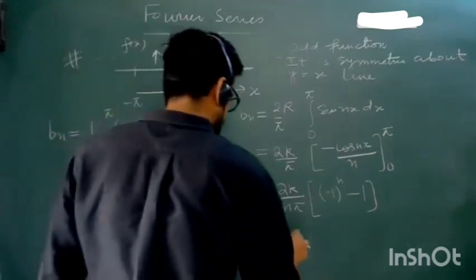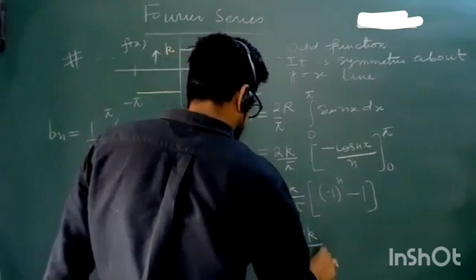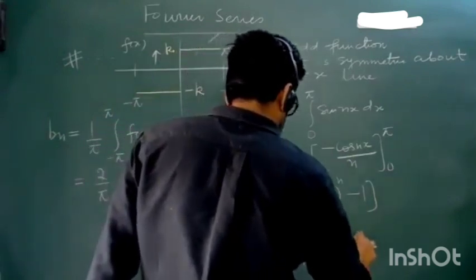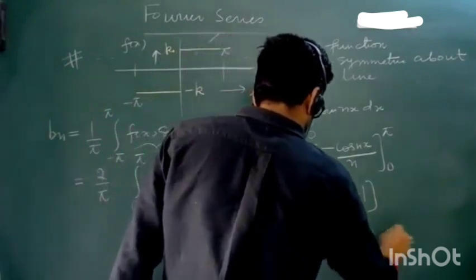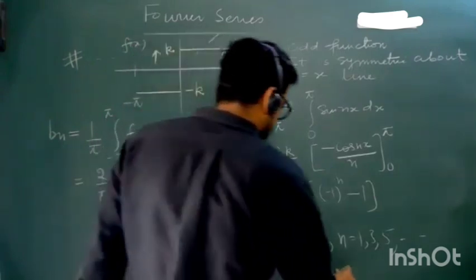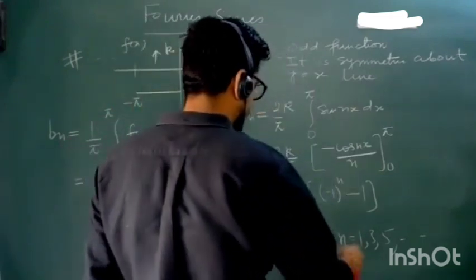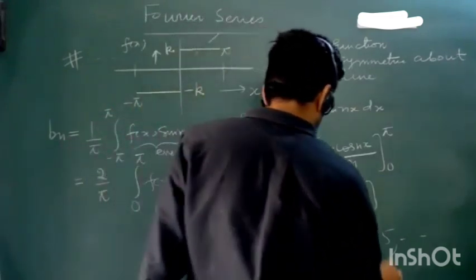So it will become 4k by n pi for n is equal to 1, 3, 5, and so on. And it will be 0 whenever n is even.